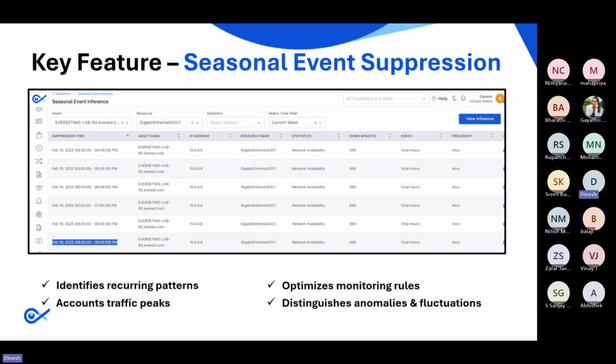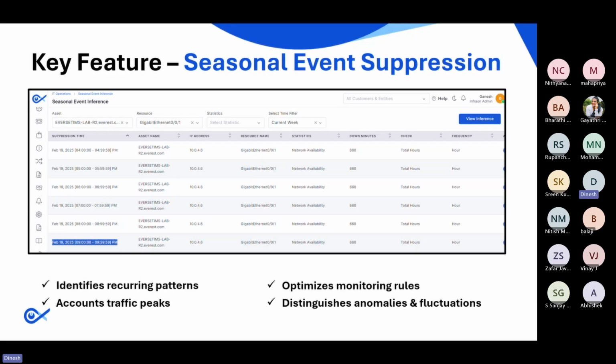So the system knows that at 9 a.m. people come, the event traffic gets spiked, and after 5 p.m. it comes down. So it does not identify it as an anomaly. It knows what is to be done at that particular point of utilization. It analyzes your historical event data and detects time-based patterns, classifying them: is it peak hours?